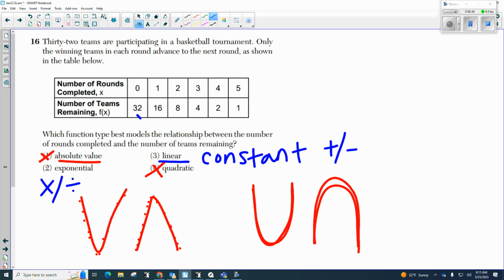Okay, so real quick here, you should be able to see we subtract 16, then we subtract 8, then we subtract 4. So it's not a constant rate. Maybe you noticed at the beginning that it was dividing by 2 each time. Okay, if you think about that, that makes sense in a tournament. 1 team wins, 1 team loses. So you end up with half the teams after every round. Okay, so that means our answer is exponential.